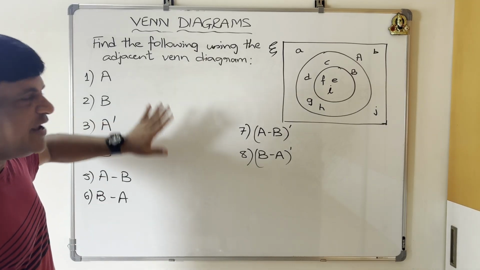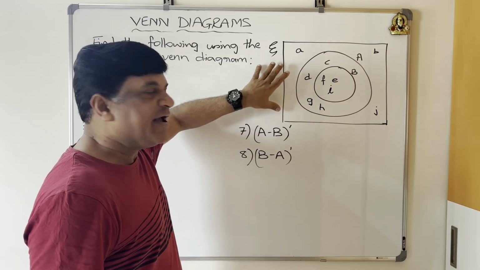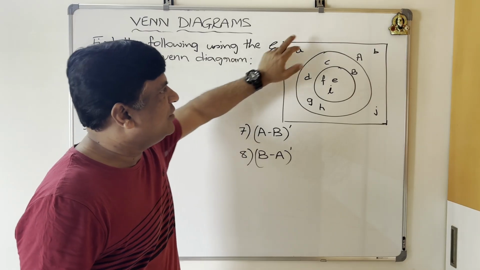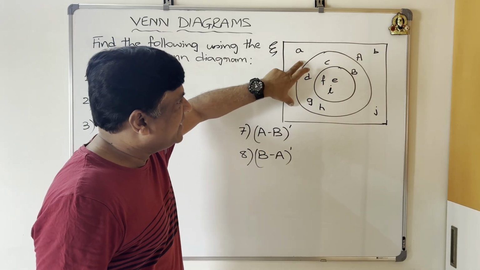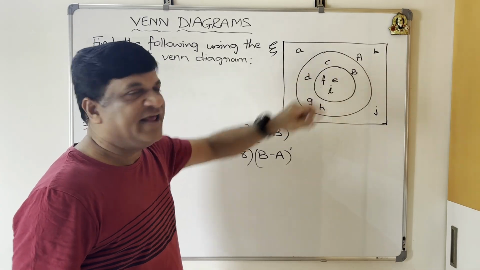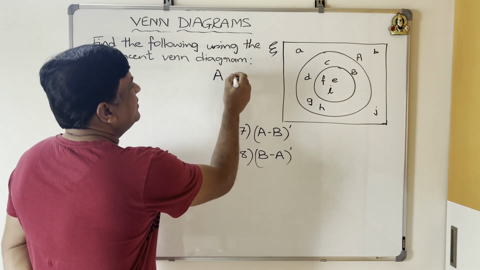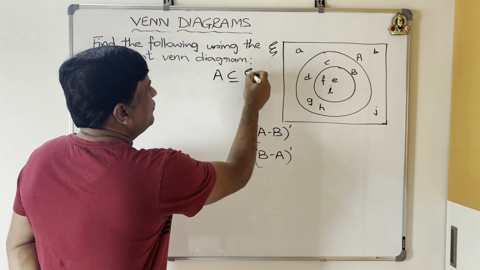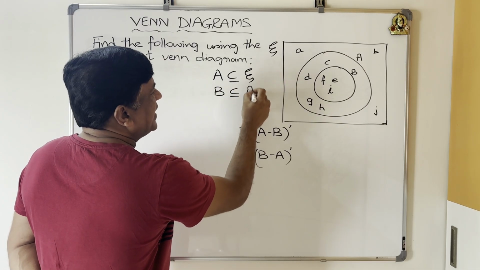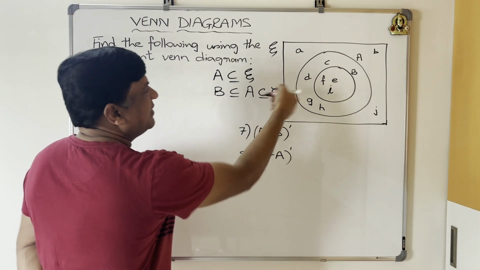Even before you get into the problem, it's always better to read the diagram properly so that you understand what is there. Now if you look at it, there is a universe which is a rectangle. There is a set A, and set B is inside A. So you need to call out clearly that A is the subset of the universe, and B is the subset of A. In turn, it is a subset of the universe too.